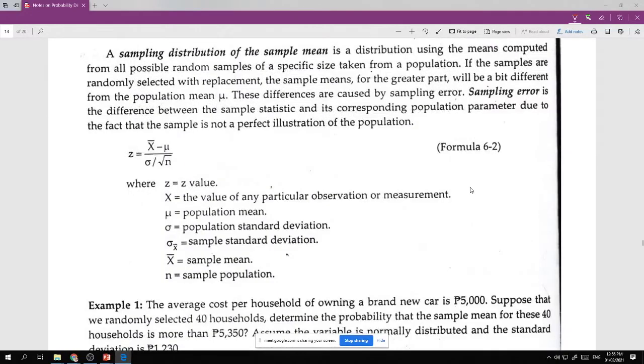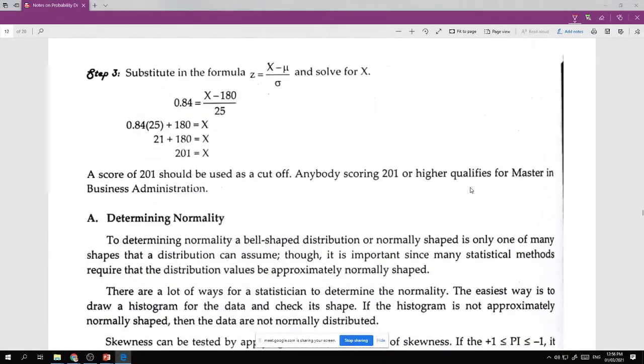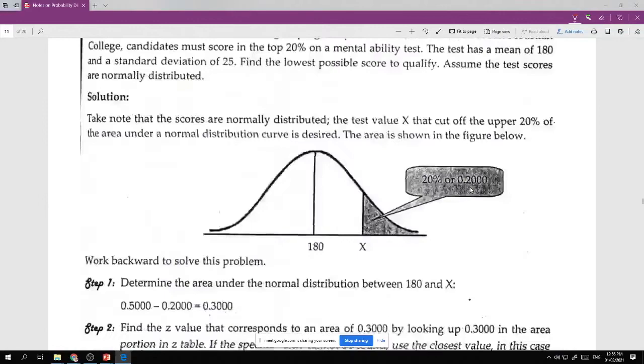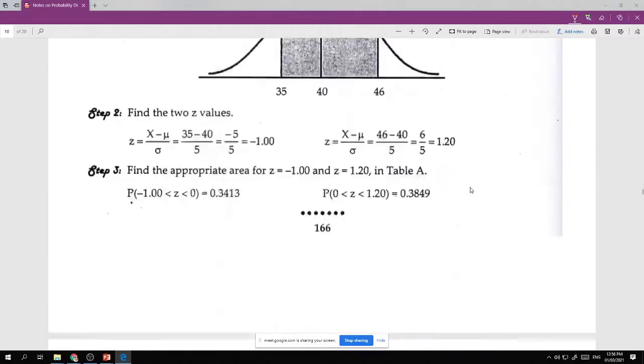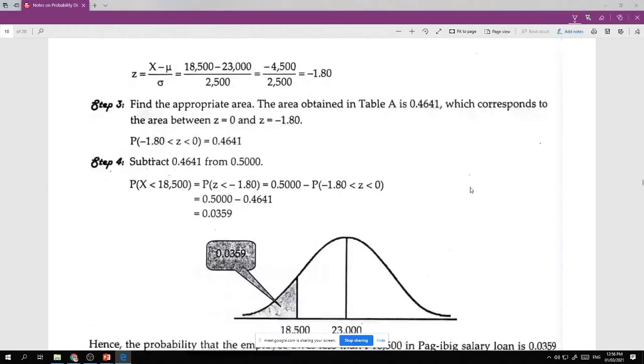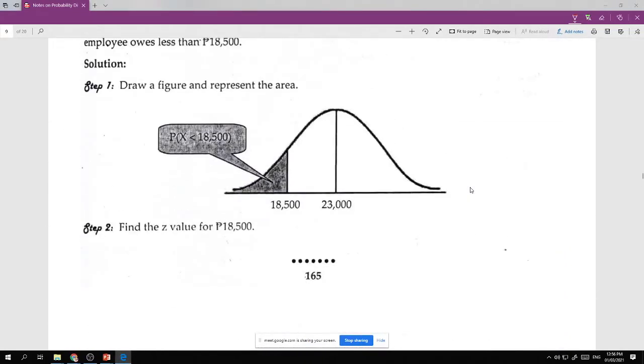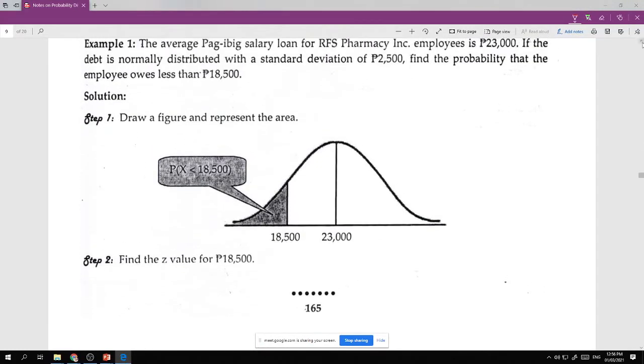Wait, not that, I passed it. There you are. Here it is. Problem number 2, problem number 1. There you are. This is our problem number 1. Okay? So let's go to our problem number 1.